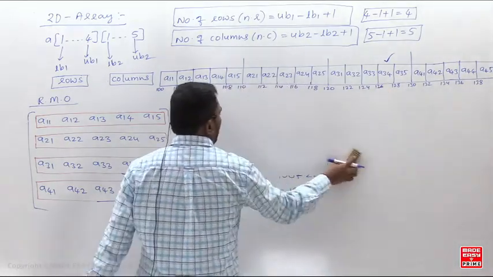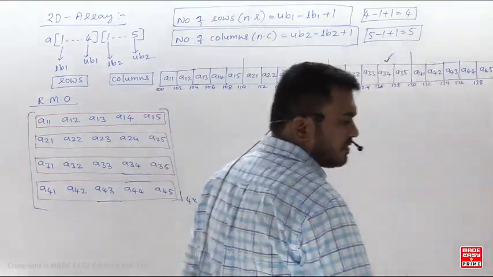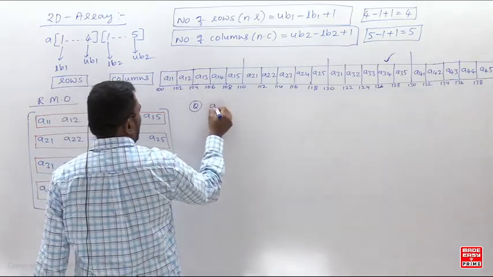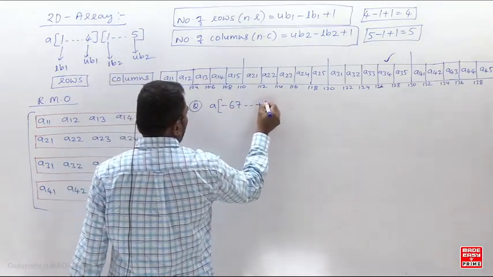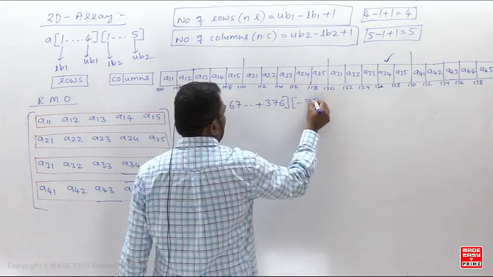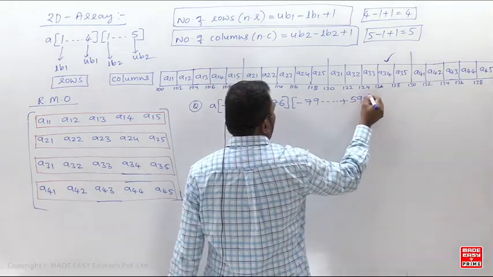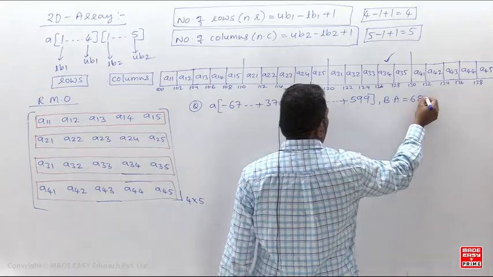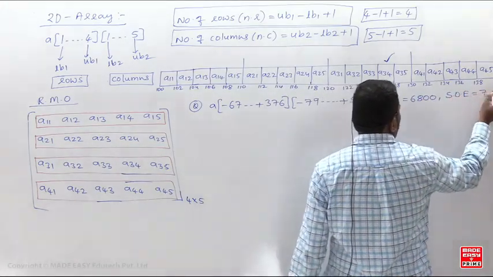Okay, let's note down the question. After that, we will write down the formula. Note down the question here. A of minus 67 to plus 376 and minus 79 to plus 599. Base address is 6800. Size of the element is 7 bytes.